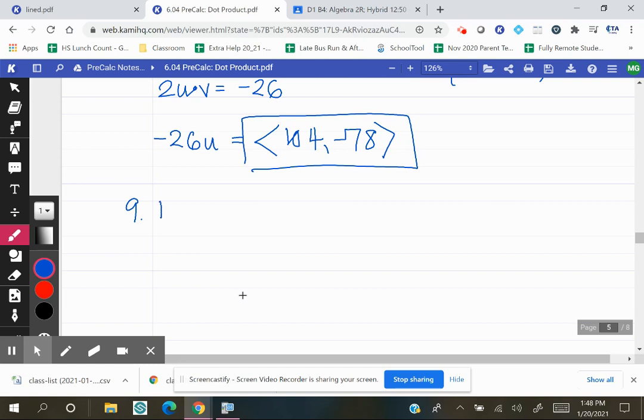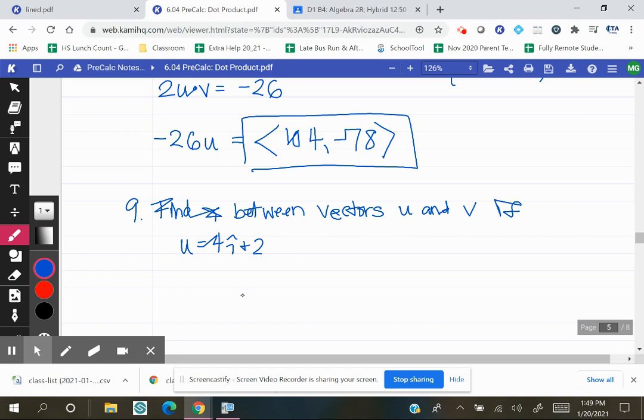And this one will be your last one. So find the angle between the two vectors u and v if u equals 4i plus 2j, so written as a linear combination, and v is -i plus 4j.